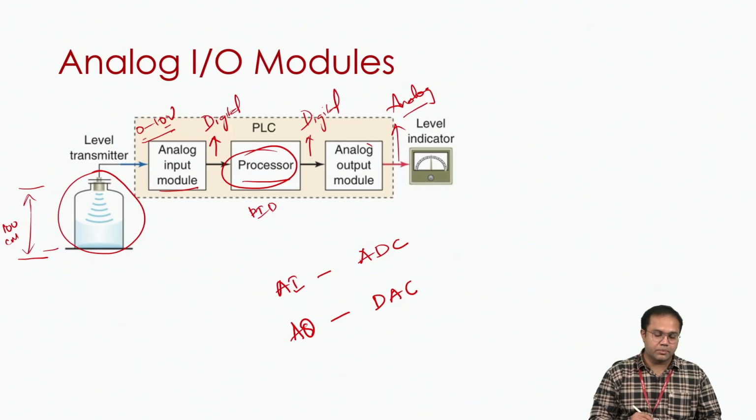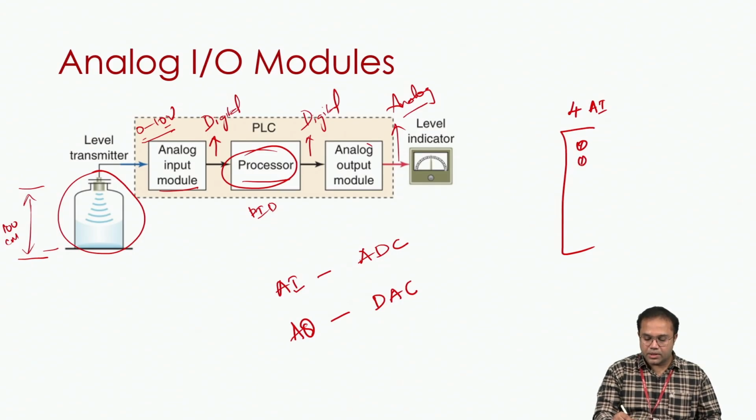And another point I would like to mention here: say for example, if your module has four analog input channels, then each and every channel, right, will be treated separately, and each and every channel will have its own dedicated ADC.